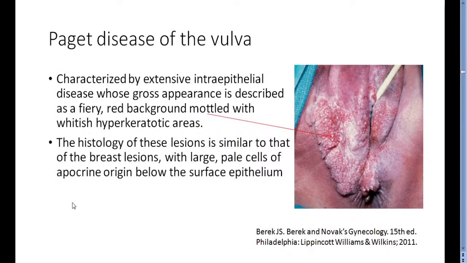The next disease of the vulvar region is Paget disease, which can be seen in other parts of the body, like the breast. It is characterized by extensive intraepithelial disease, whose gross appearance is described as fiery red-brown, mottled with small dots and whitish hyperkeratotic areas.